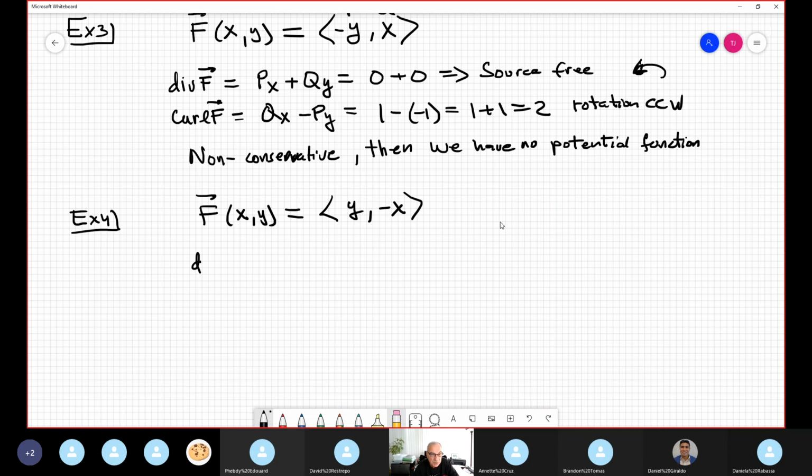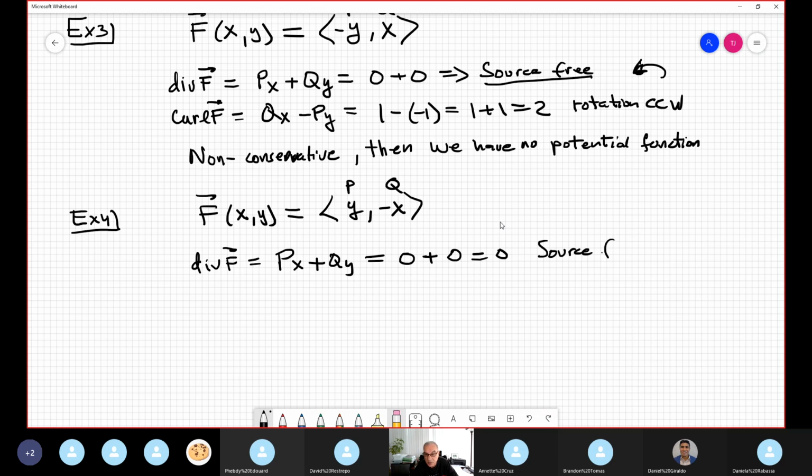I don't know. Let me try to compute the divergence and curl. So divergence by definition is Px plus Qy. This is P, this is Q in our vector field right now. Derivative with respect to x is 0 plus derivative with respect to y, again 0, and we get the same conclusion, source free. No source at any point of this vector field.